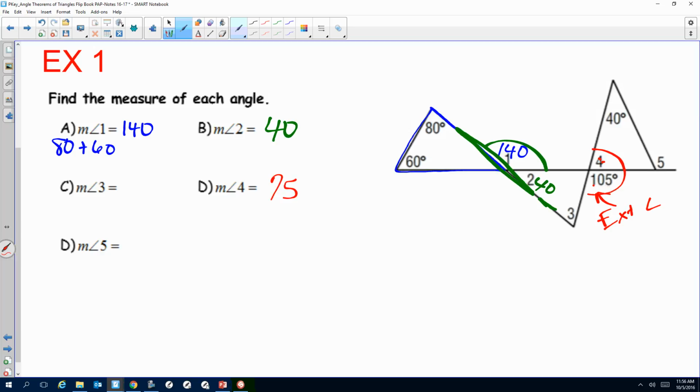Angle 3, I would get 105 minus the 40, so that's 65. And then now that I have 75 for angle 4, how do we get angle 5? Yeah, it's an exterior angle, so we're going to do 40 plus 75. 115. Are we okay on that?